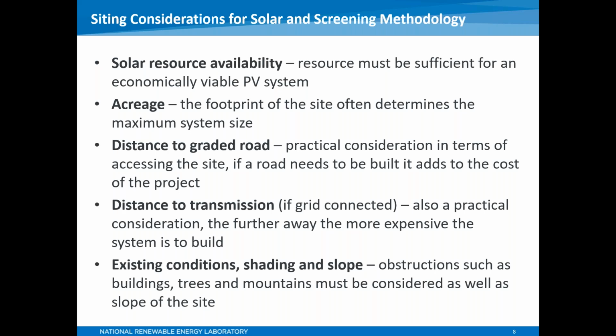So we looked at the solar resource availability for the site, the acreage of the site, distance to road and transmission, and also existing conditions at the site like shading and slope and any potential obstructions. That screening criteria was applied to filter out sites that just wouldn't be appropriate for siting solar, and that left us with the sites that we considered higher potential for development.